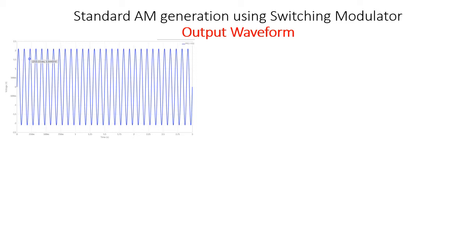Here I have assumed this is the carrier. For ease of illustration, I have assumed the carrier frequency fc is 10 hertz, that is Ac cos 2 pi times 10 t, and the amplitude I have taken to be around 2.1.